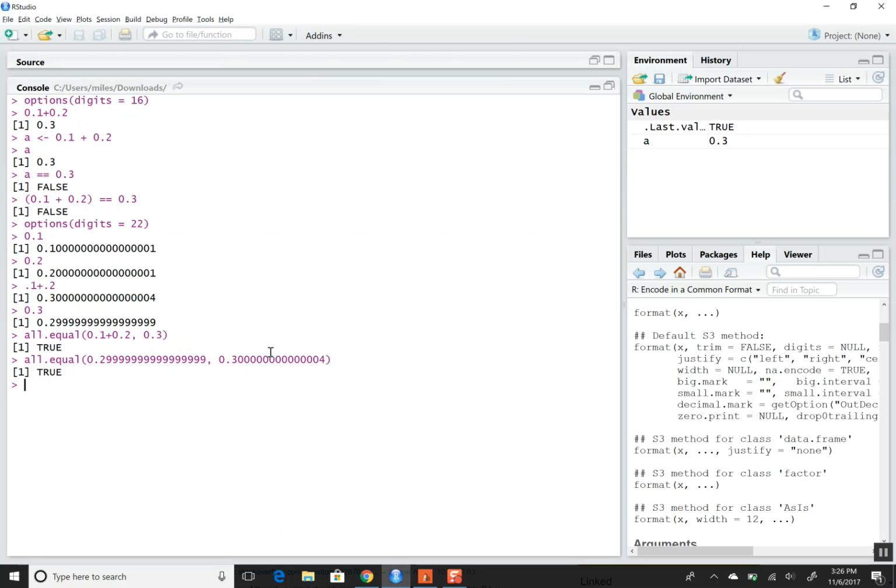Obviously, if I asked you, is 2.99999 equal to 3.00004? The answer is no, they're not equal. But if you ask all.equal, which says, are they pretty close, it'll say, yeah, they're close enough, but they're not exactly equal. So this is the issue that we have going on here.